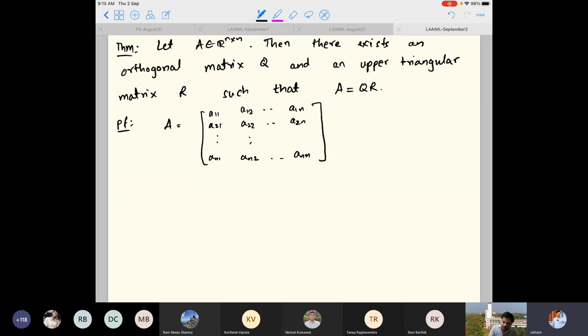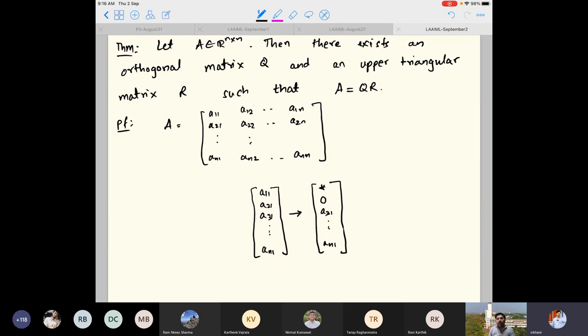Then consider the first column, A11, A21, A31, so on and so forth up to AN1. Okay, so this is the column that I have. Now I want first to take this column into this form, star, 0, A31 up to AN1. So what is the rotator that I apply?